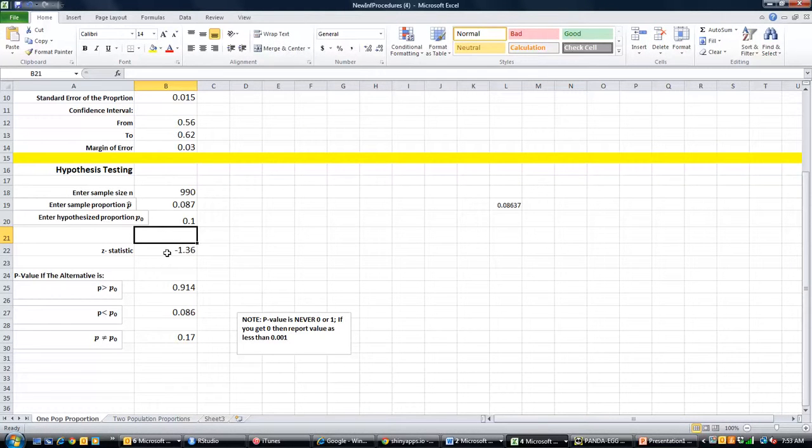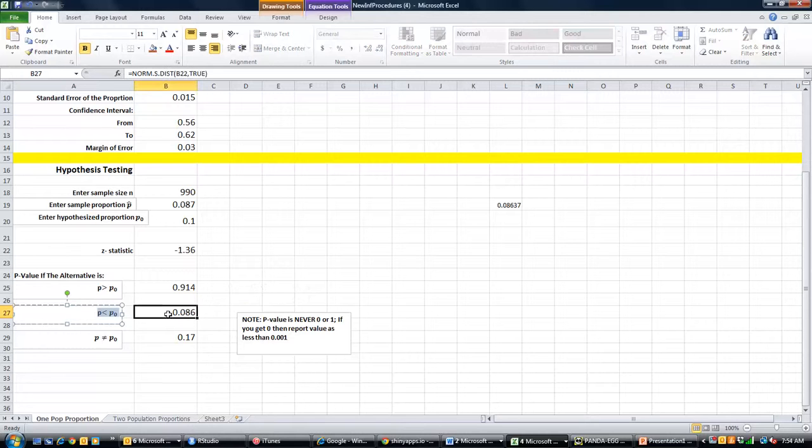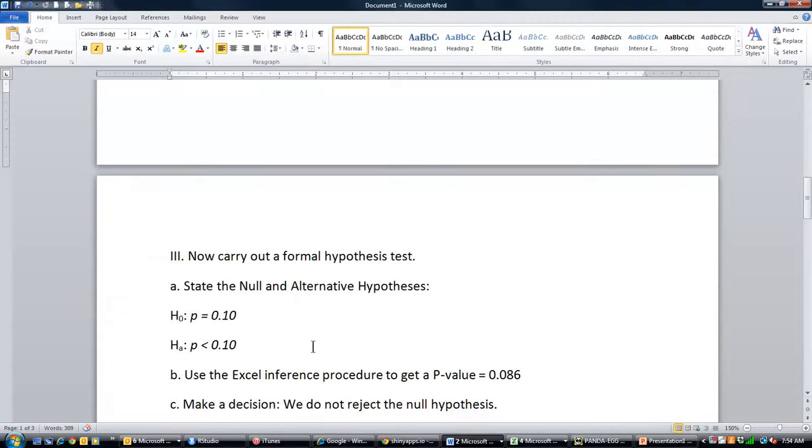And we get a z-statistic of negative 1.36, and we get a p-value, remember our alternative is less than, of 0.086. So the p-value is 0.086, so we do not reject the null hypothesis because our cutoff is 0.05. We only consider something statistically significant if the p-value is less than 0.05.